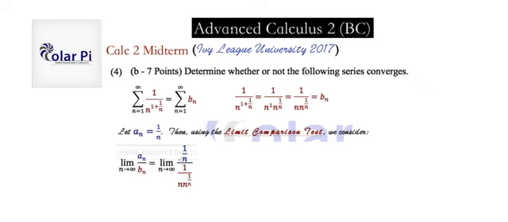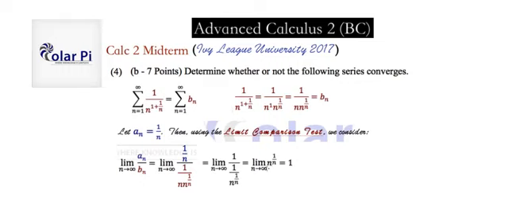Then we can cancel a 1 over n in this numerator, the blue one, and a 1 over n in the denominator, so that we can write this following expression. Now we have a cumbersome fraction, but we can just rewrite it like this.